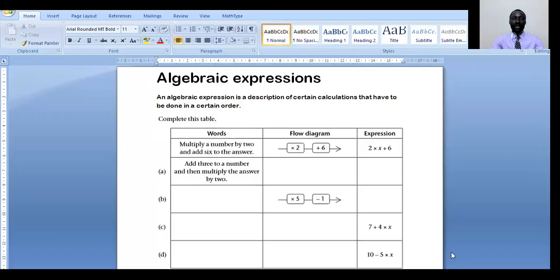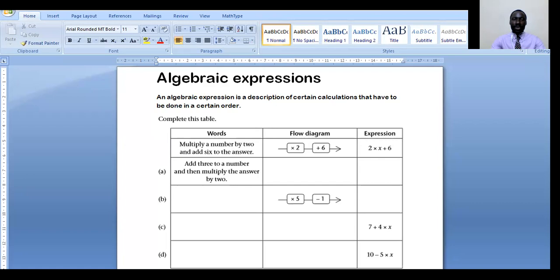So yes, the question is, what is an algebraic expression? What do we mean when we talk of an algebraic expression? Well, generally an algebraic expression is very much like a description, okay? It's like a description of certain calculations that have to be done in a certain order, okay?